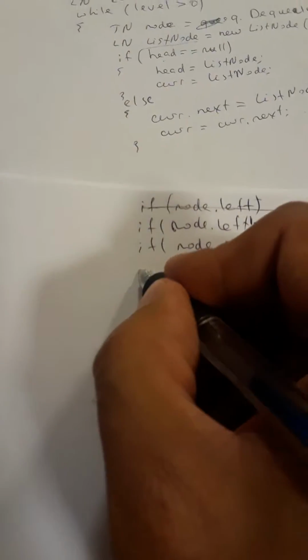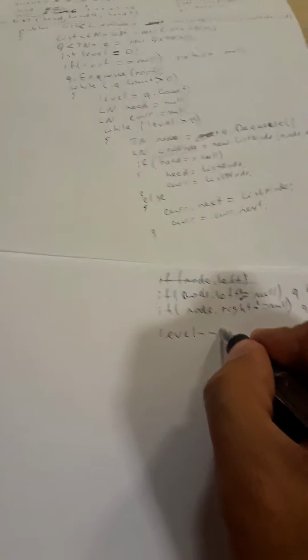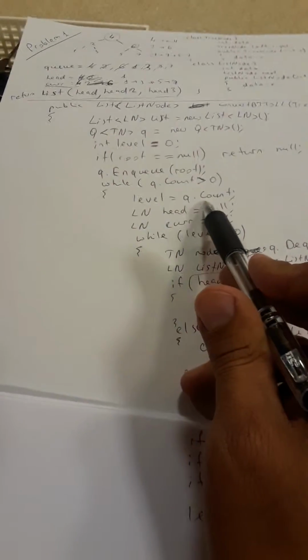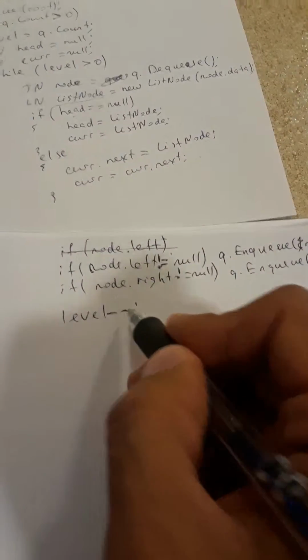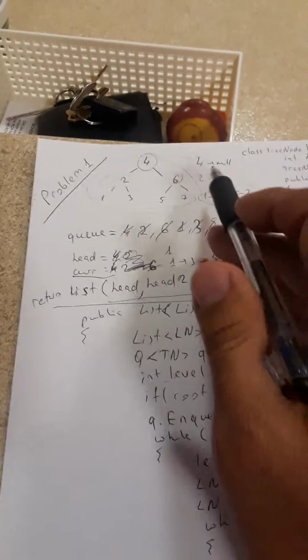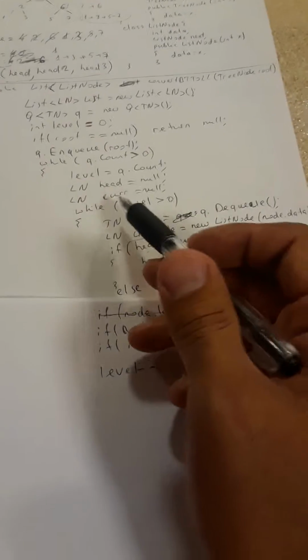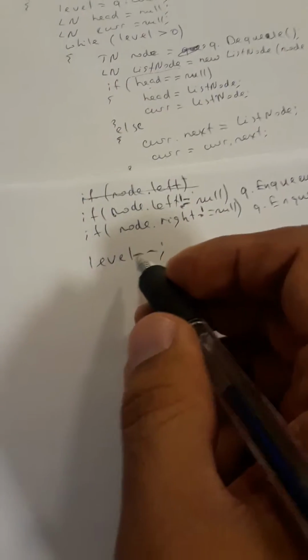And after that, we will decrement our level variable, which we already declared here. Once we're done with one of the rows here, we want to initialize a new loop for defining our new linked list.